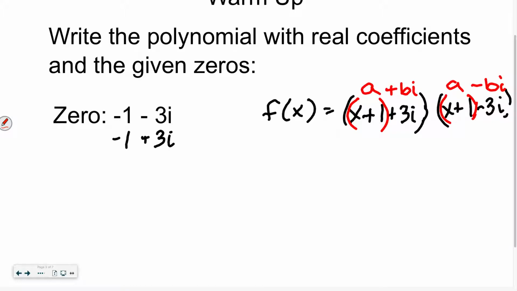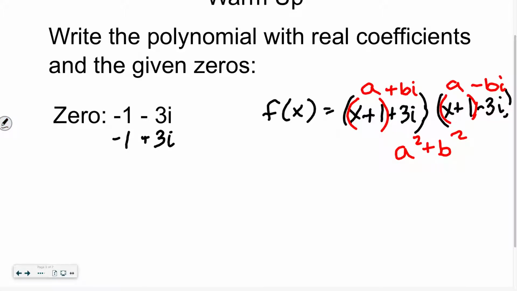So I have a set of complex conjugates. That day we did complex number operations, I went ahead and multiplied that out one time. Does anybody remember what complex conjugates always multiply to be? A squared plus b squared. So they'll always multiply to be a squared plus b squared.